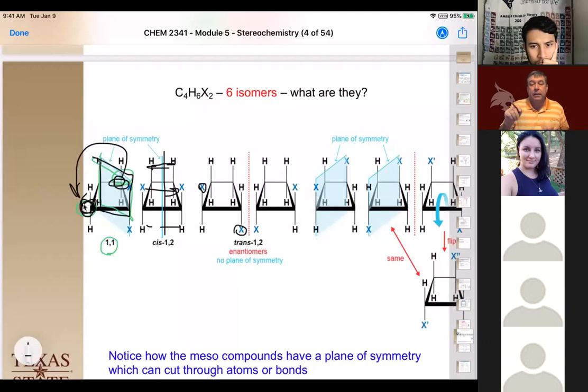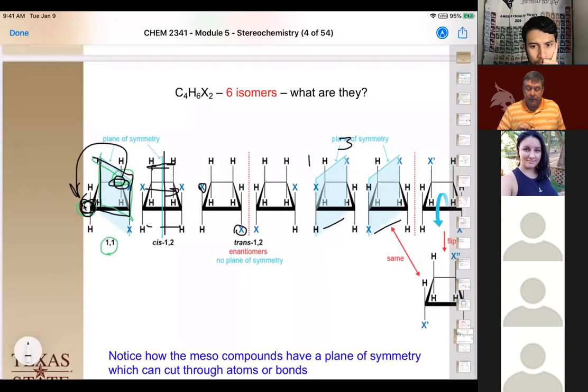But in the case of the cyclobutane, we can now have an opportunity to have a 1-3 isomer. We couldn't have a 1-3 isomer in the cyclopropane because that would have been the equivalent to the 1-2. When we do the 1-3 isomer, we can get mirror planes in both the cis and the trans.